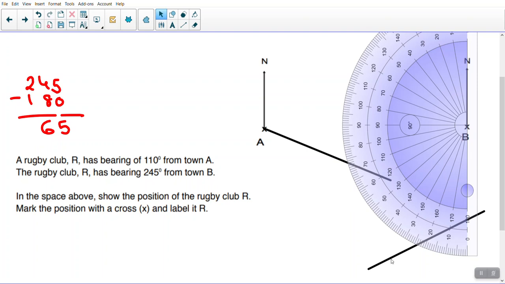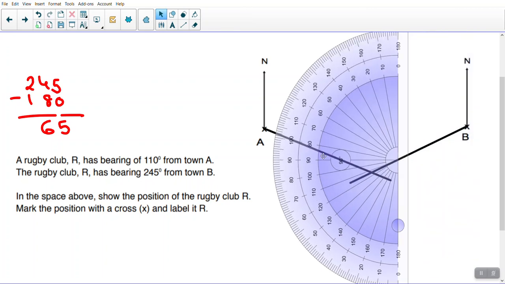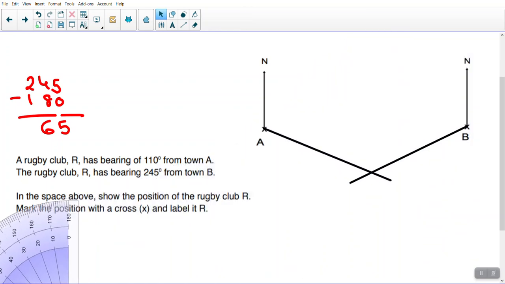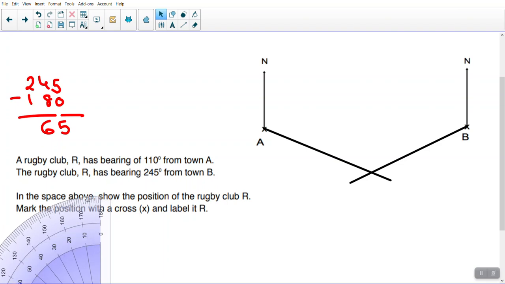So I'll take the protractor, the line, and I will just draw it at 65 approximately. Okay, there you go. That's 65.